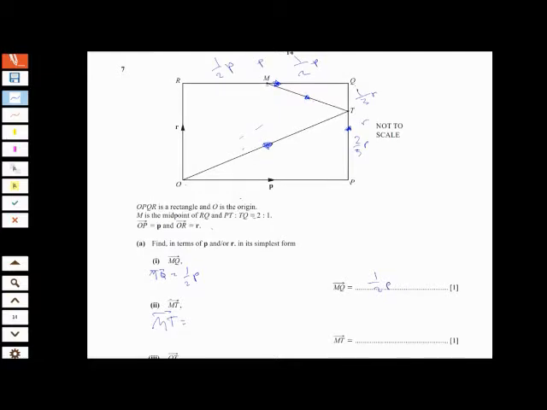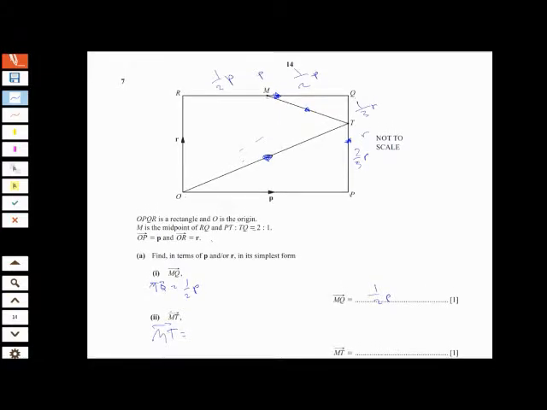MT, where's MT? MT is right here. And so how do we find that MT? We can go MQ minus 1 over 3 R. Why minus? Because as I said, the directions are really important. If we didn't know the direction, we would have said plus 1 over 3. But actually it's minus, because the direction here is pointing that way, and we're going from MQ to QT, which is the opposite direction, that means negative.